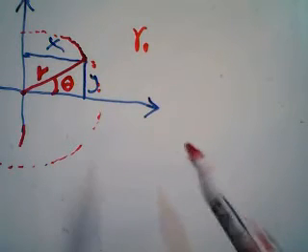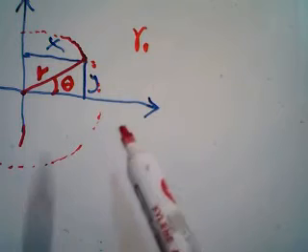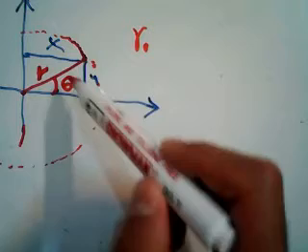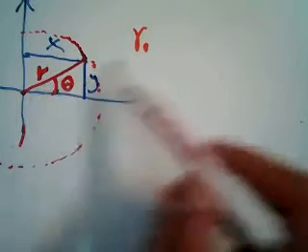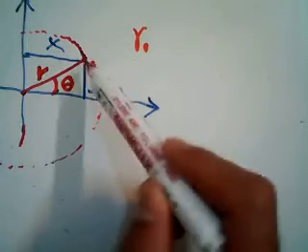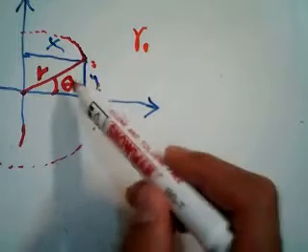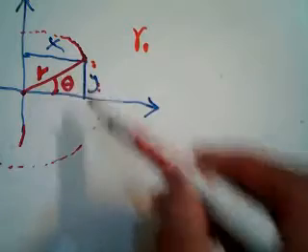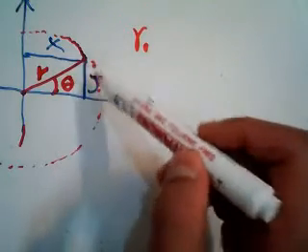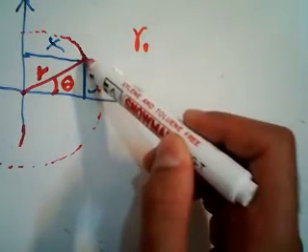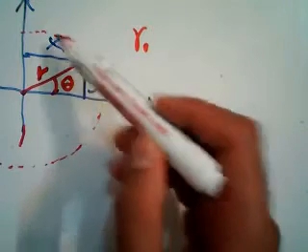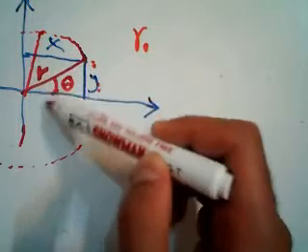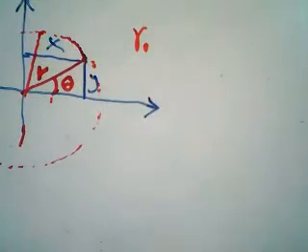The r coordinate of all of them is the same, but the theta coordinate is not. For instance, the theta of this point is this angle. The theta of this point is this angle. Okay?